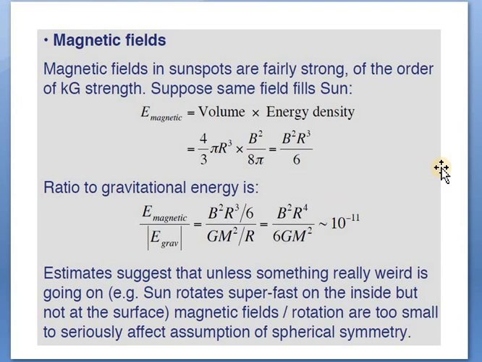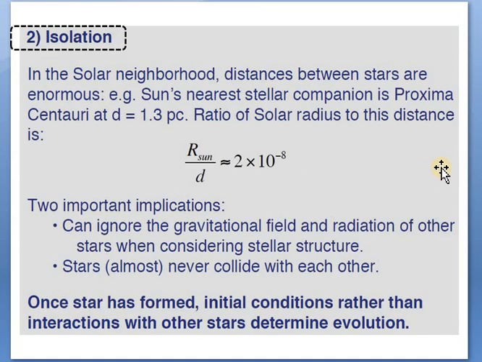If not, then let me talk about the second fact, which is that of isolation. Now, in our solar neighborhood, the distances between stars are very large. For example, our Sun's nearest stellar companion is Proxima Centauri, at a distance of 1.3 parsec.